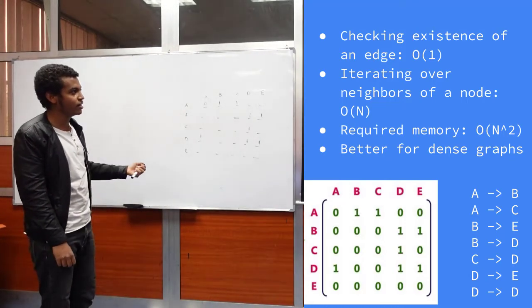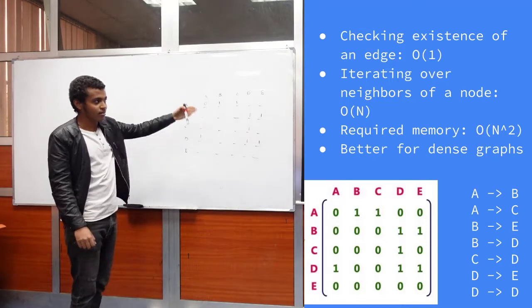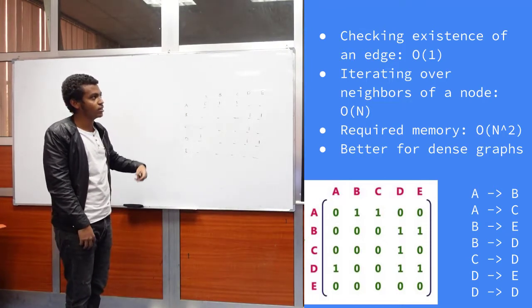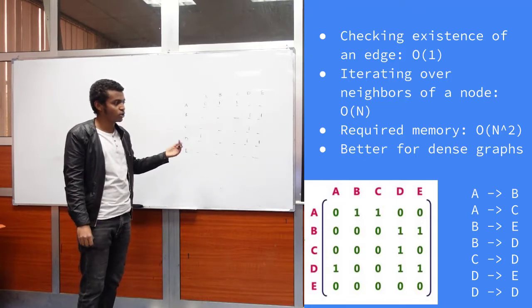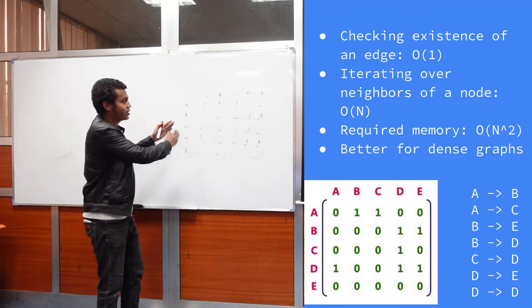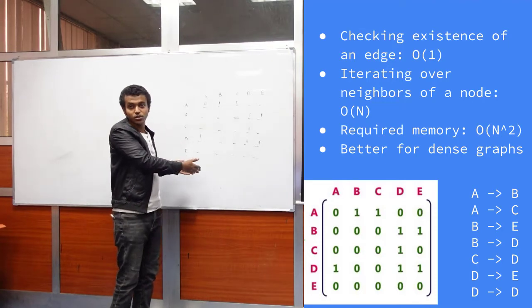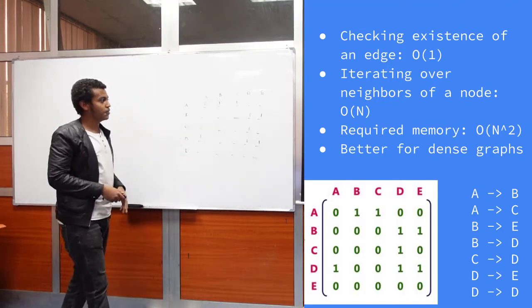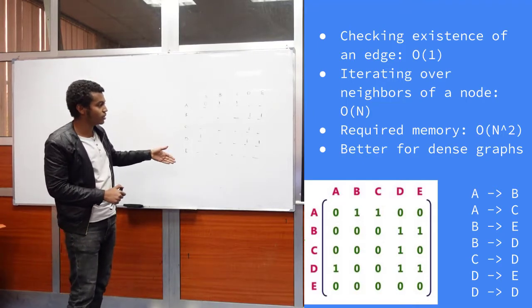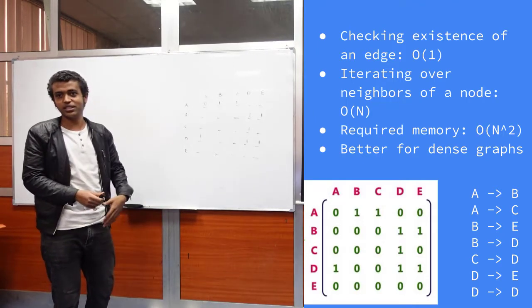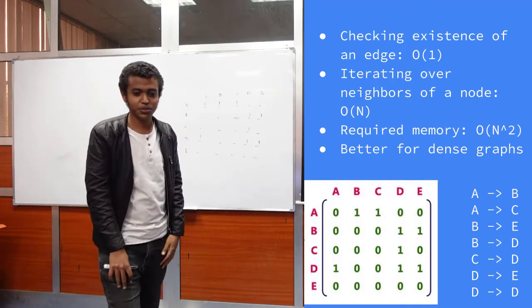So analyzing it, checking an edge's existence is O(1), finding neighbors is O(n), and it requires n-squared memory because of the matrix. So it's better for dense graphs, but I don't want to talk about that now. We'll see it after adjacency lists, which is the next representation.